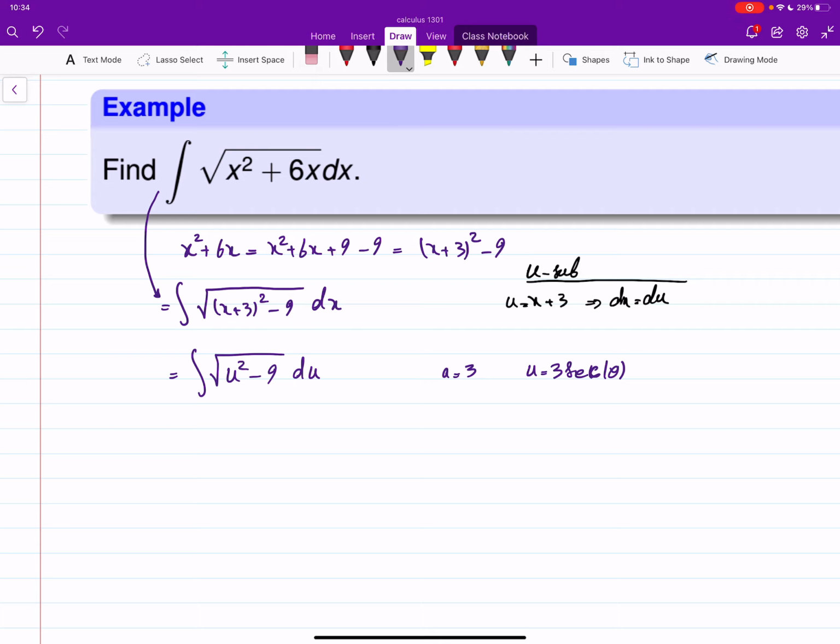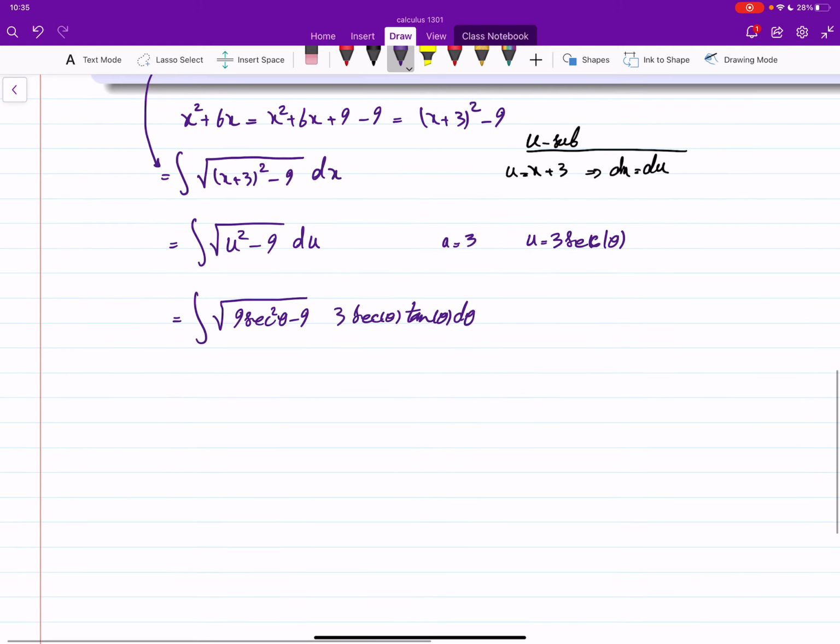From there we have 9 secant squared theta minus 9, and the derivative of 3 secant theta is 3 secant theta tan theta d theta. And 9 secant squared theta minus 9 is 9 tan squared theta.